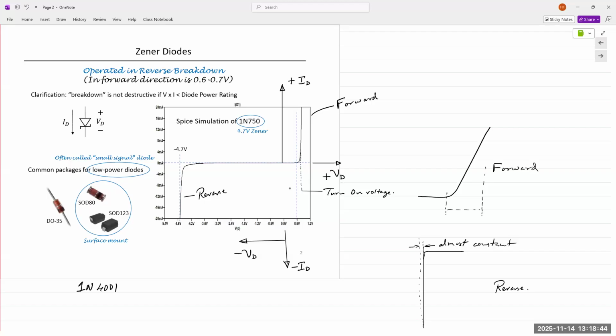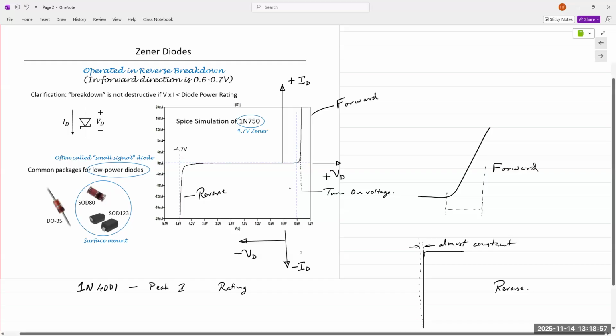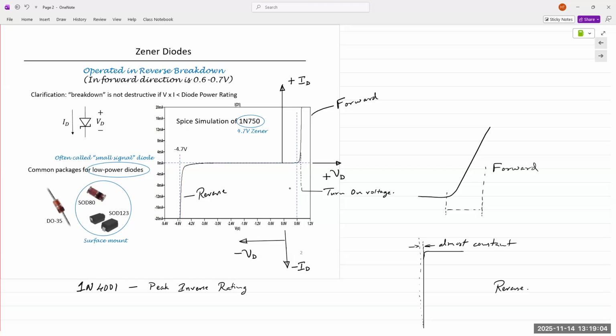So again, 1N4001 has a peak inverse voltage rating, or peak reverse voltage. PIV or PRV are both used interchangeably.